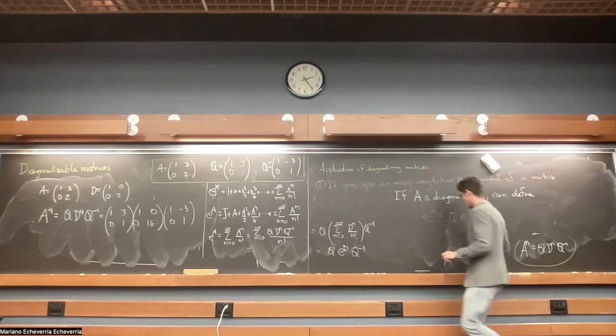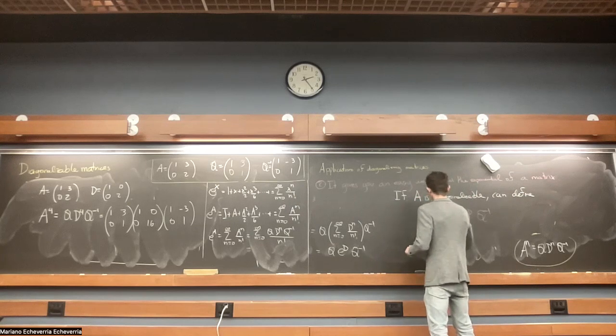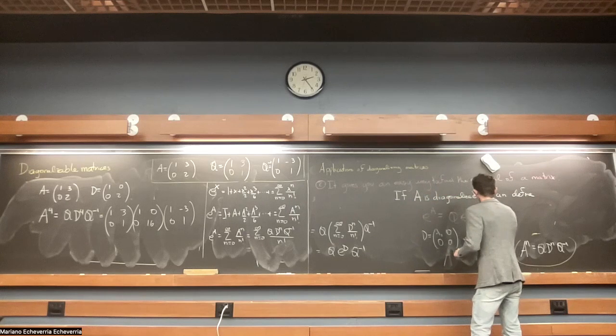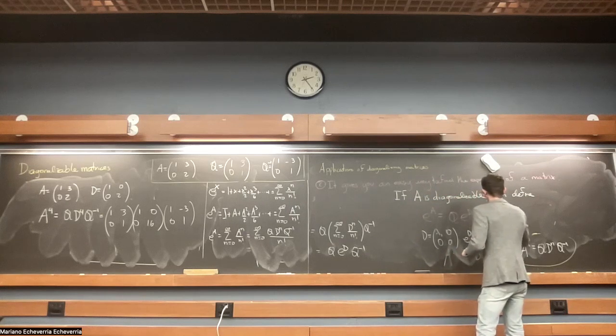Here again, D was the matrix of eigenvalues, and e to the D is e to the lambda 1, 0, 0, e to the lambda 2.